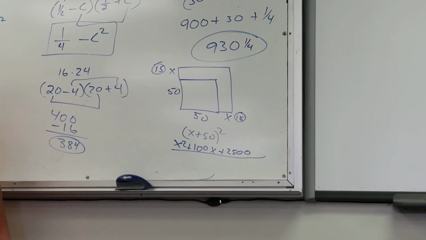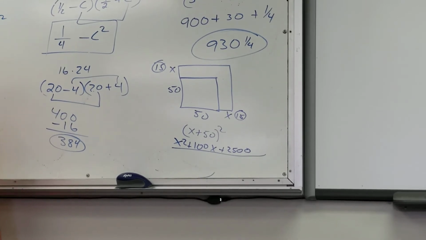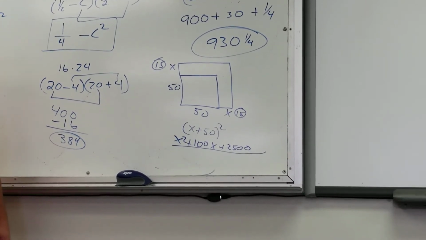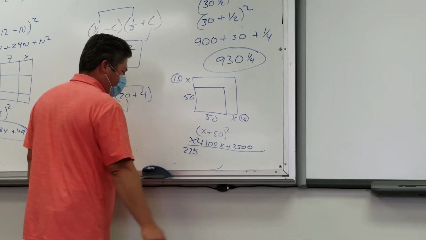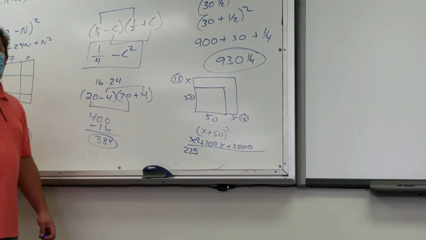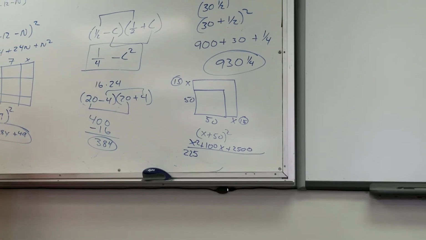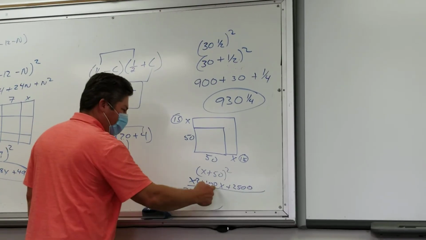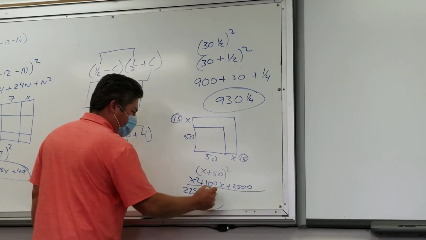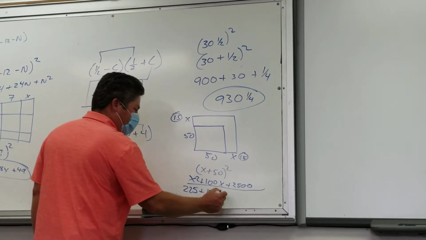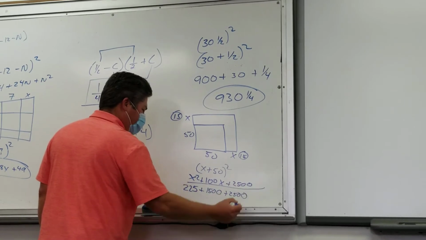Oh, that isn't right. Shoot, I wish it would have been. 15 times 15 is 225. I'm trying to make it easy. So that's all I'm doing, is putting in 15. 15 times 100 is 1,500, right? Plus 2,500.